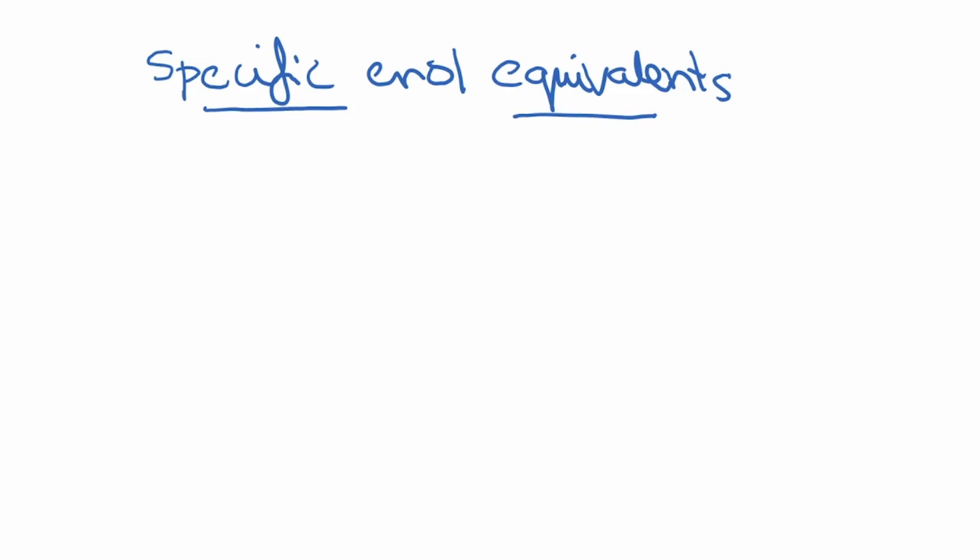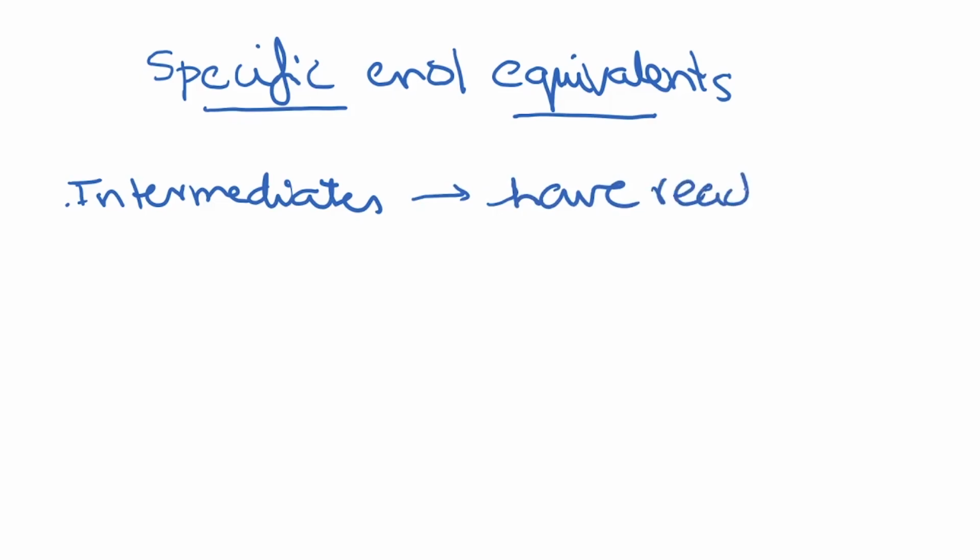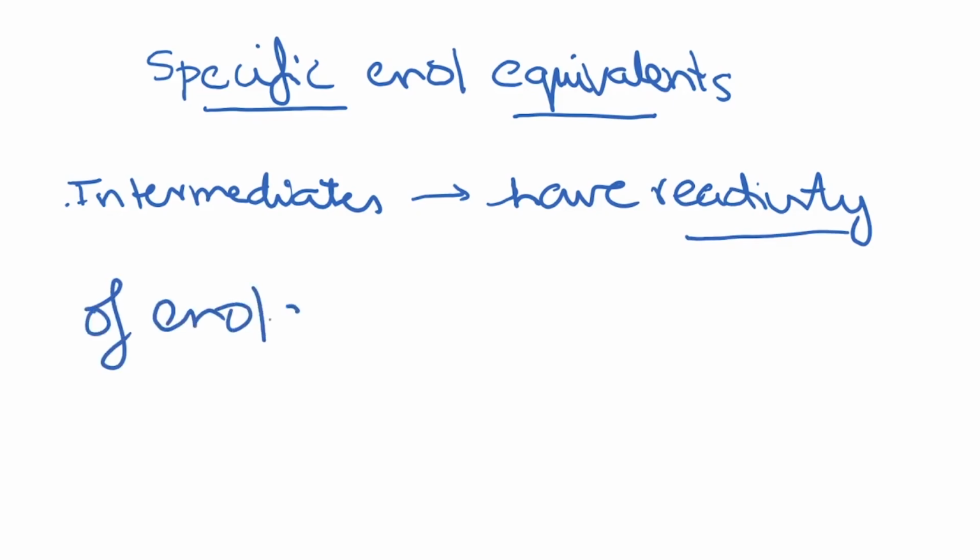So what these are, basically, are intermediates that have the reactivity of enolates, and the key word here is reactivity of enolates, but are stable enough to be prepared and used.